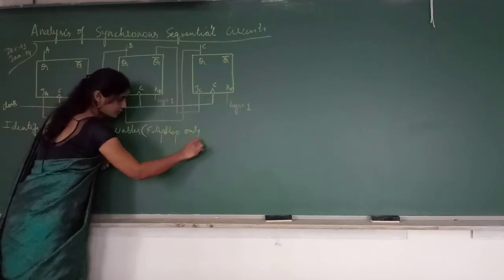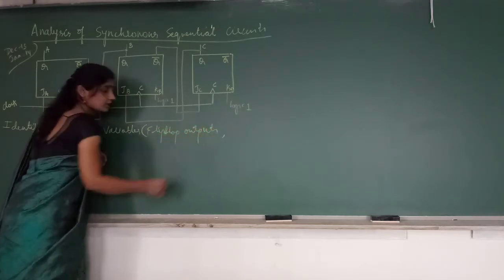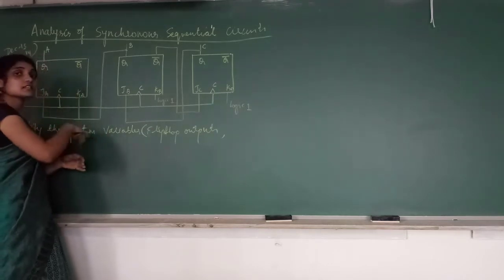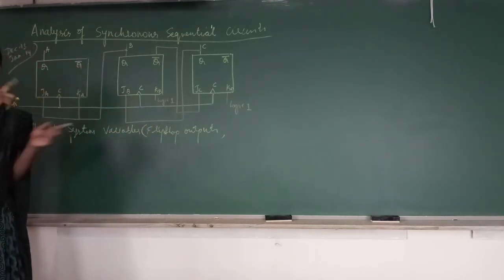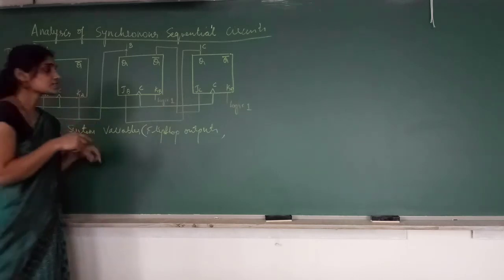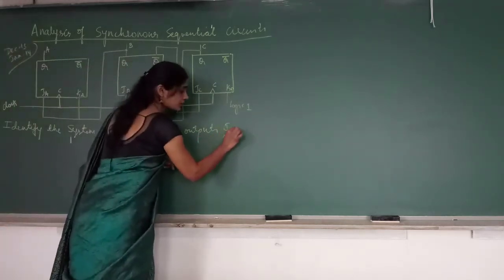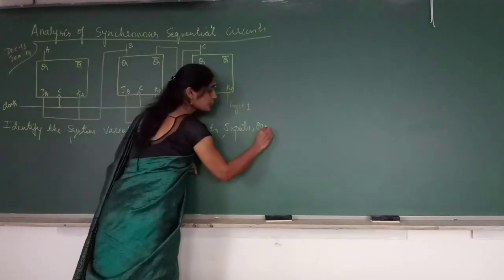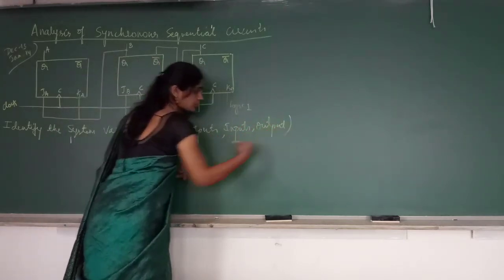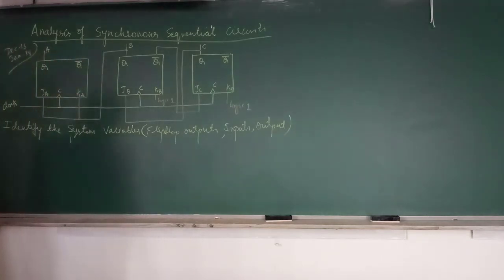Then, if there is any external input variable, X, or the input variable, that is nothing but the input here. So is there any external input variable and any output function that you are going to generate, other than flip-flop outputs? These are called system variables. Identify the system variables, that is the first step.